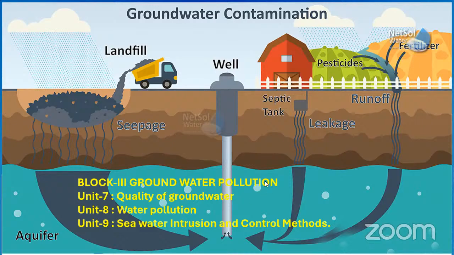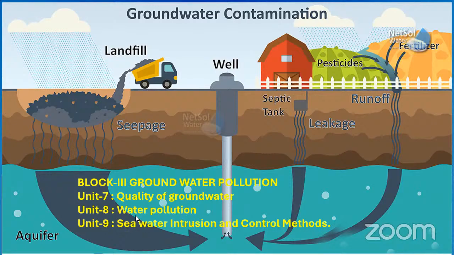Yesterday I also covered different types of aquifer systems and groundwater occurrence and distribution in different geological formations. Today I'm going to cover Block 3 groundwater pollution, units 7 and 8. Unit 9 I will cover tomorrow.